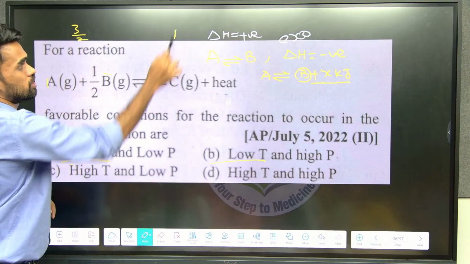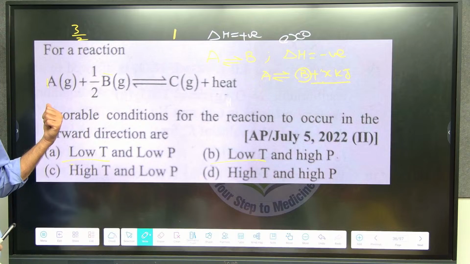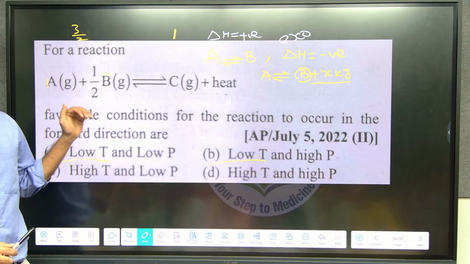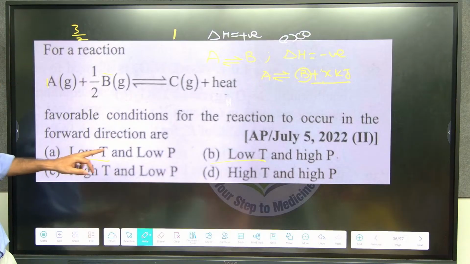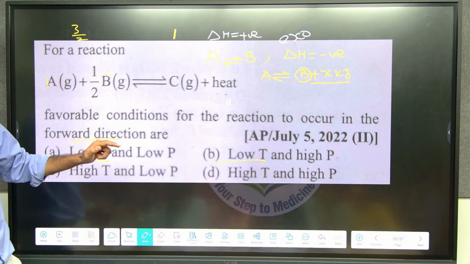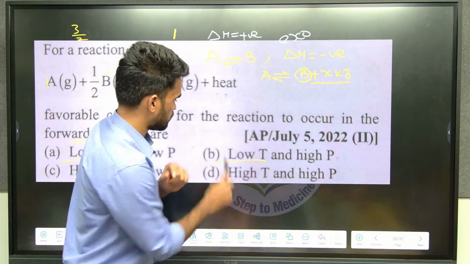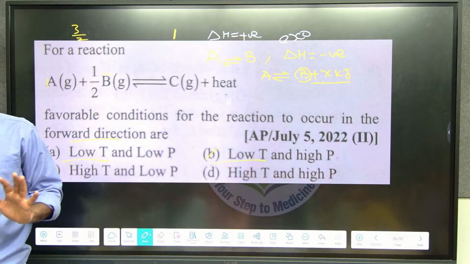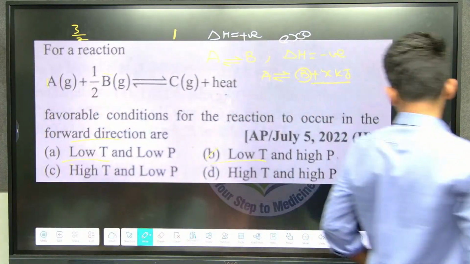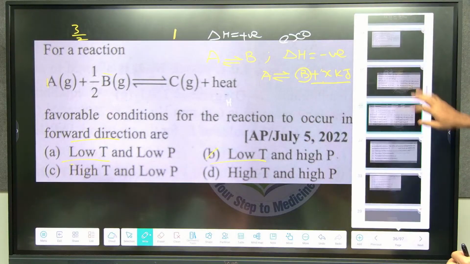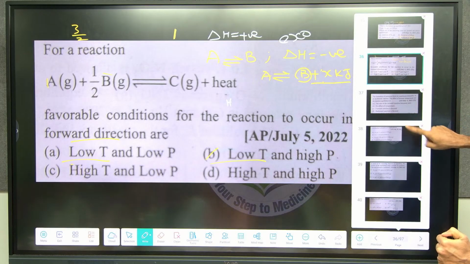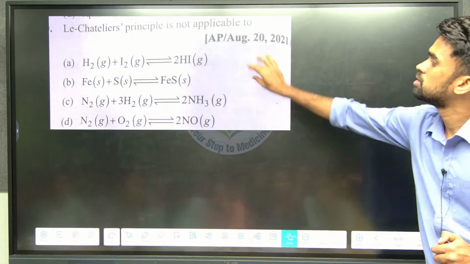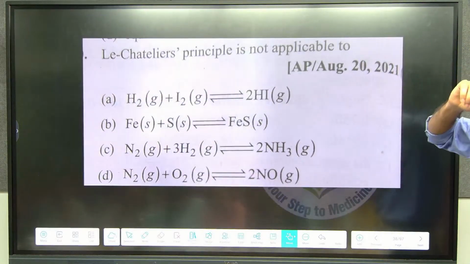Gaseous products are 1. Where do we have more? So high pressure favors the lesser number of moles side, this side, forward. They are also asking us forward. So high pressure, low temperature, B. Is this clear or not? Answer me this. Simple, simple.